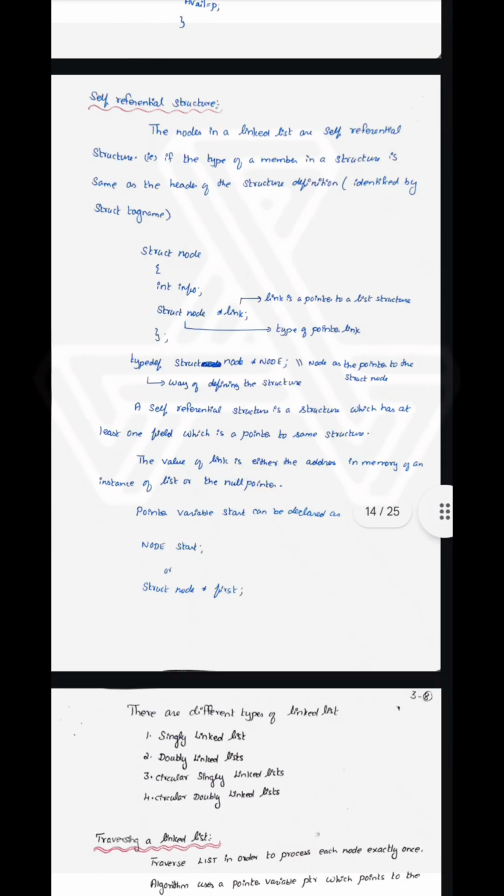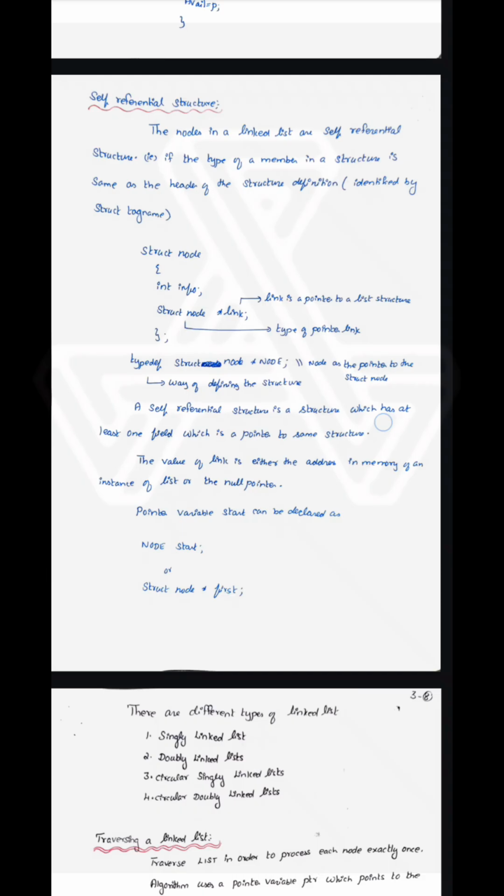Typedef struct node as a pointer to the struct node is another way of defining the structure. A self-referential structure is a structure which has at least one field that is a pointer to the structure. The value of link is either the address in memory of an instance of the list or the null pointer.